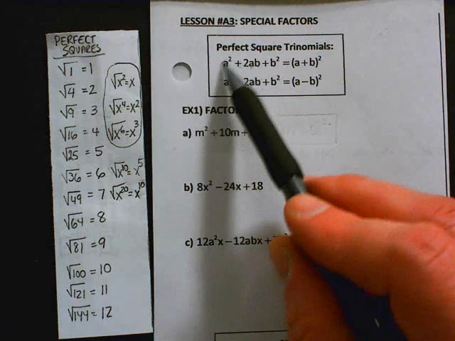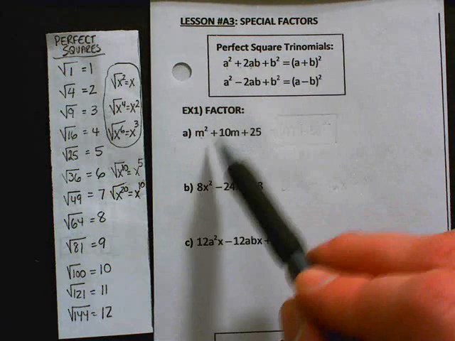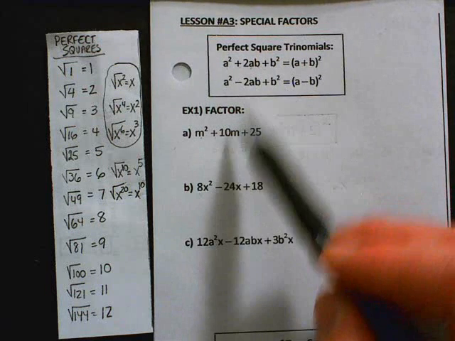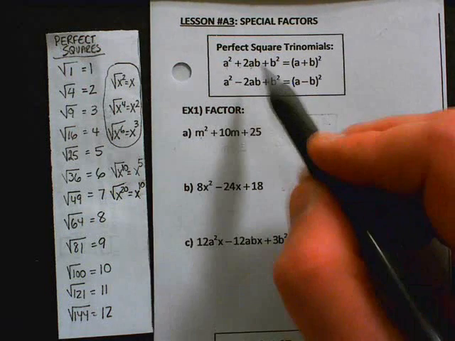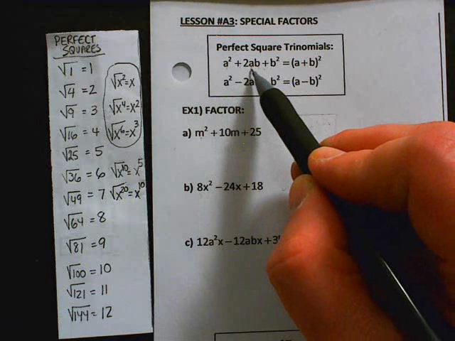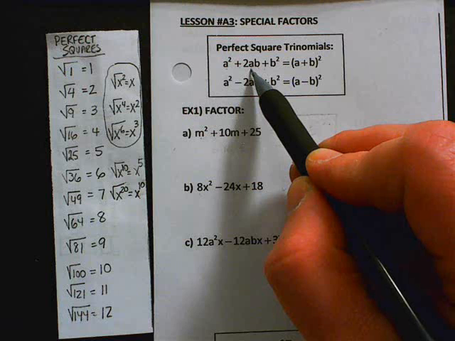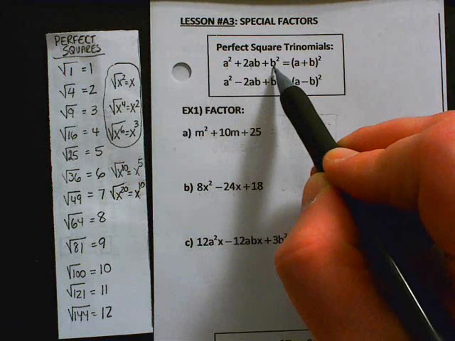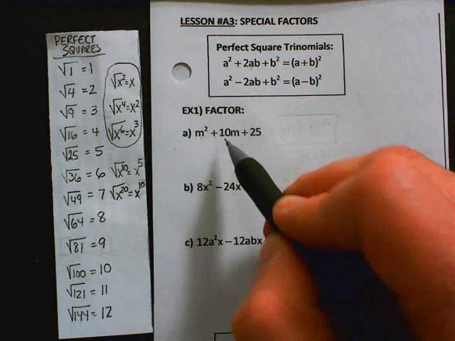That's an indication that maybe I can use these formulas. Second thing is, I notice there's a plus, so I'm going to be focusing on the first formula. Now I need to check if this qualifies. Basically the middle term has to be 2 times the square root of the first term times the square root of the second term.